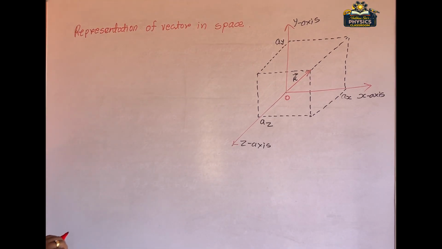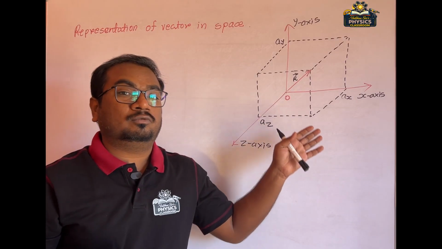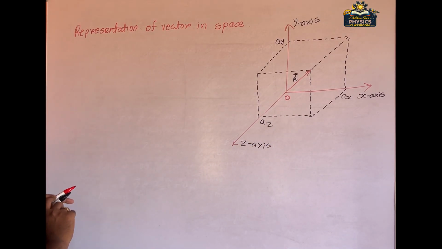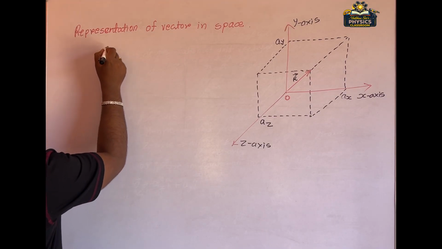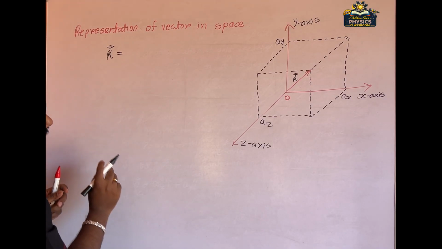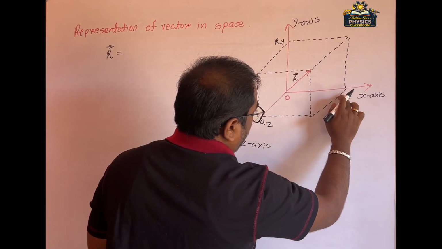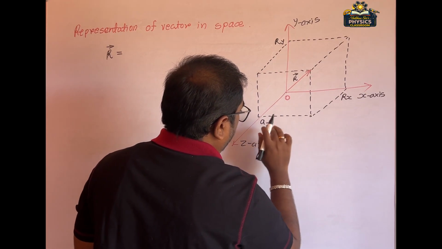So how can we represent the unit vector on the z-axis with the help of k cap? Right. So how can we represent that? The r cap. We can use r only here because we are using the r vector, right?